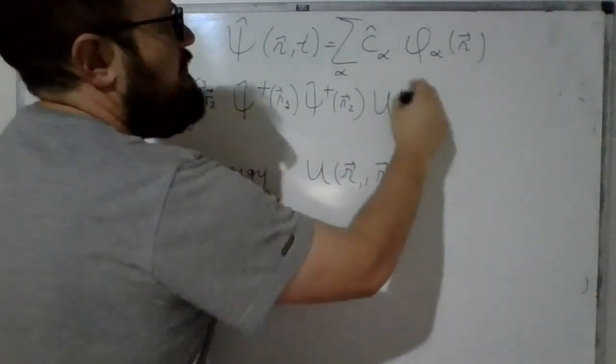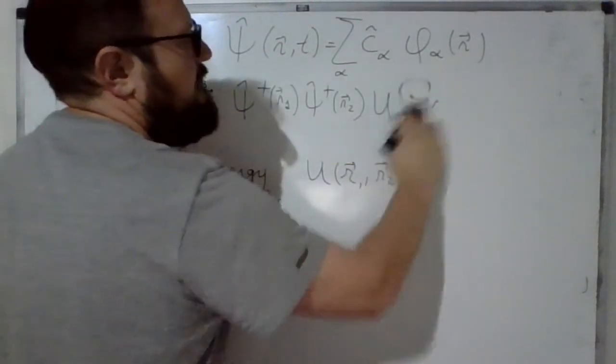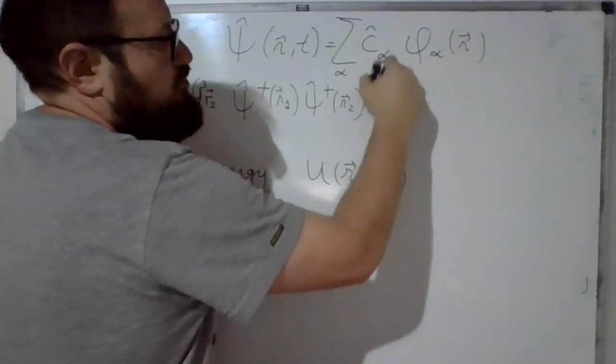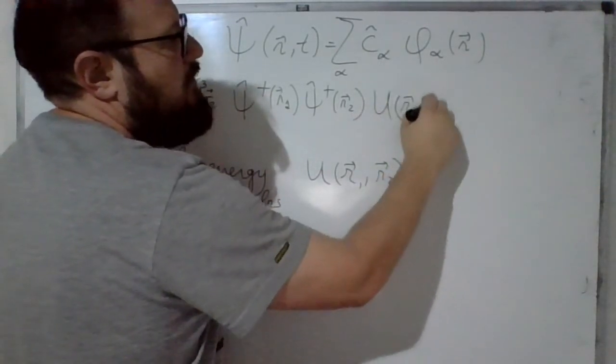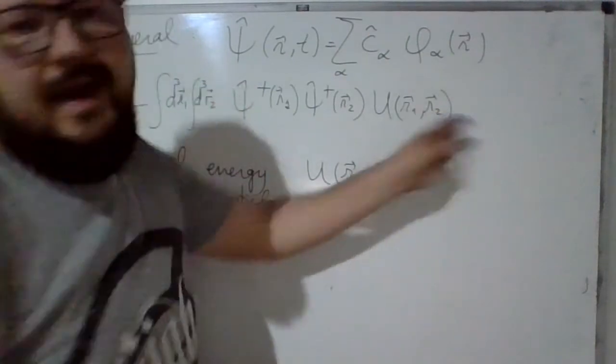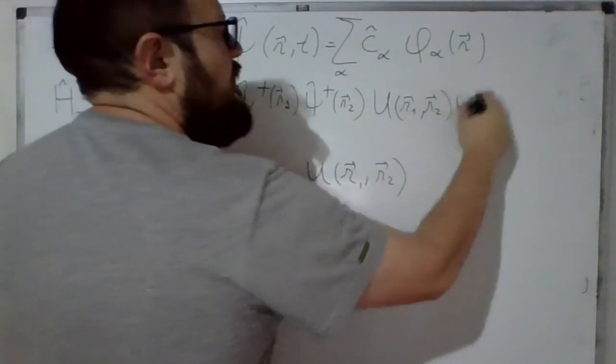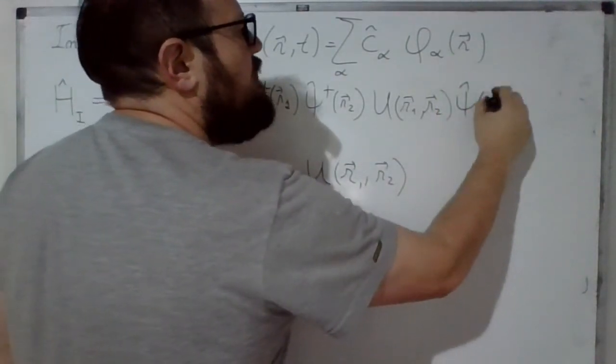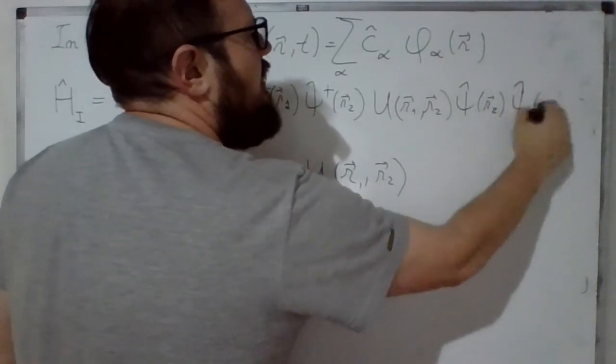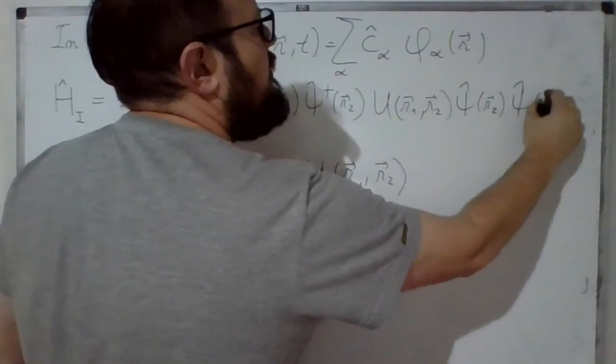And here you'll have a psi of R2, psi of R1, so this potential depends on R1 and R2 in some manner.